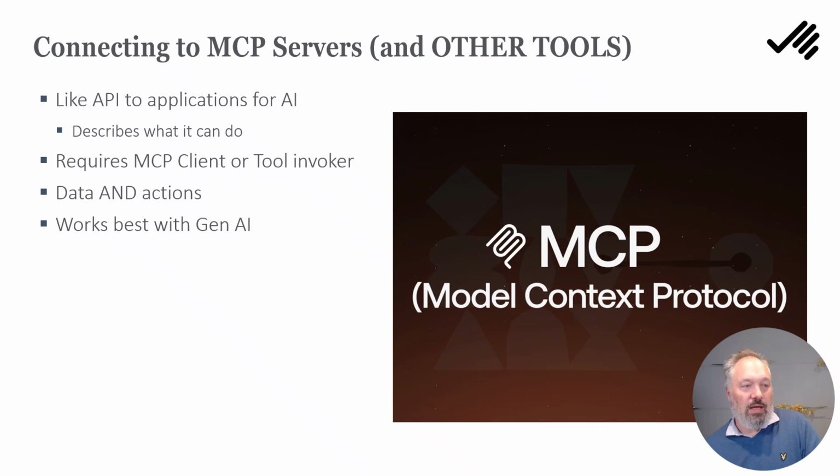So it also tells the consuming party what it can do, which means that when an AI starts communicating with it, it says, "Oh, I'm looking for somebody who can help me with the customer information," and it contacts the Dataverse MCP, and then Dataverse MCP says, "Yes, I have customer information here," and then it knows that it can talk to that. So it's a good way for AI to be able to communicate to other things.